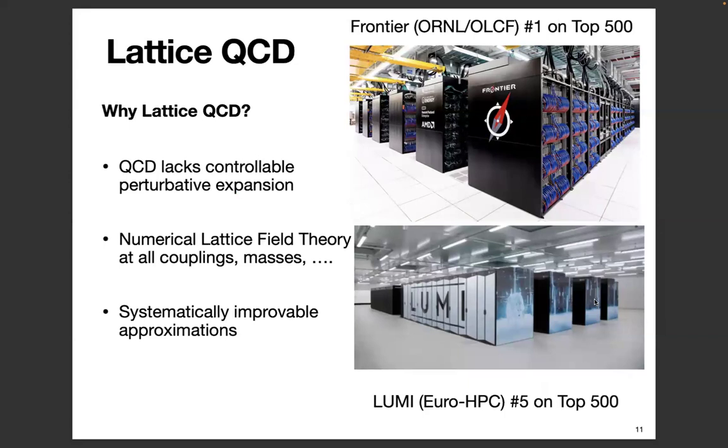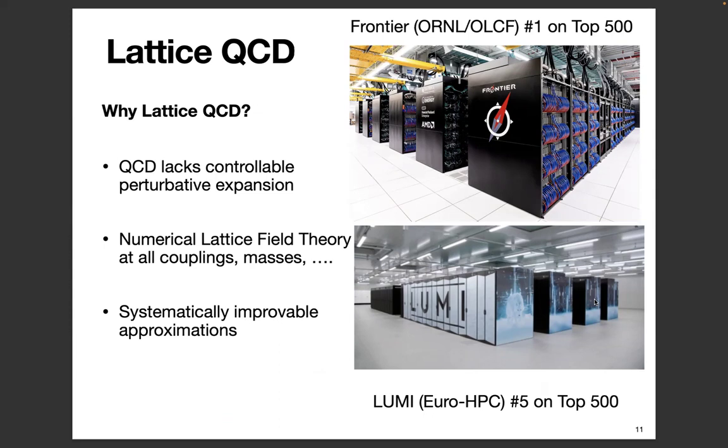Our ability to understand these hadronic properties from QCD perturbatively just fails. Numerical lattice field theory is nice in that it can work at any coupling. It can also work at any quark mass, which of course makes perturbative calculations quite difficult. And all of the approximations that are made to do so are improvable: if we work harder and they build us bigger computers, we will get better answers in some limit.